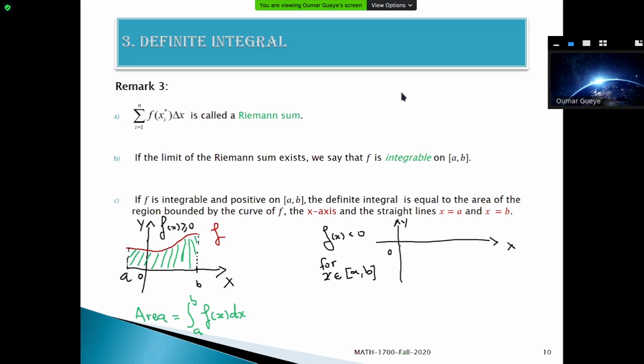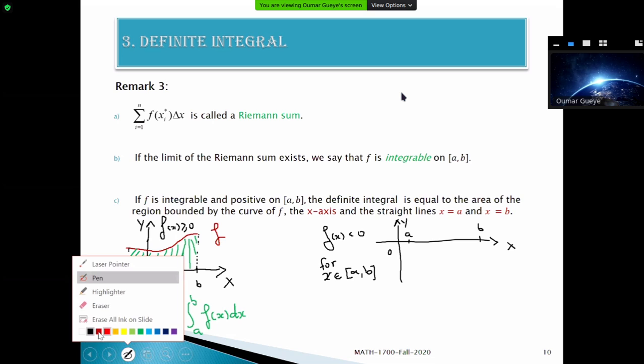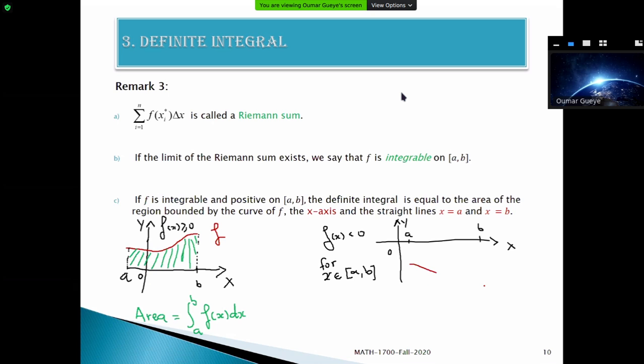If the function is negative, graphically the curve is going to be below the x-axis. You can get something like that. All right, so this is my function f. It's below the x-axis. That's why we can say it's negative over the interval AB. And in this case, the area bounded by the curve, the x-axis, I'm just going to change the color.